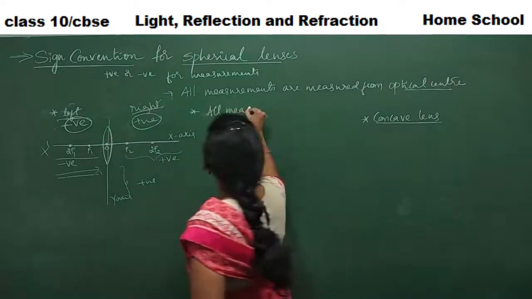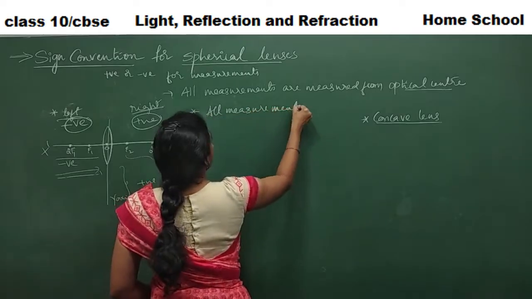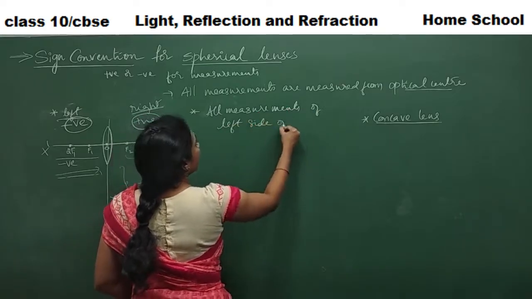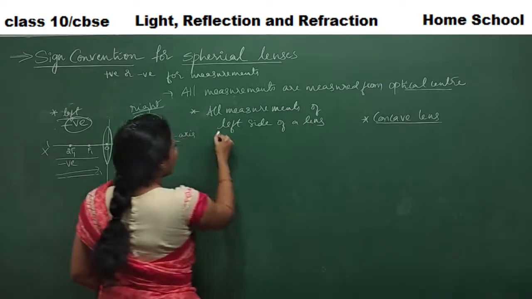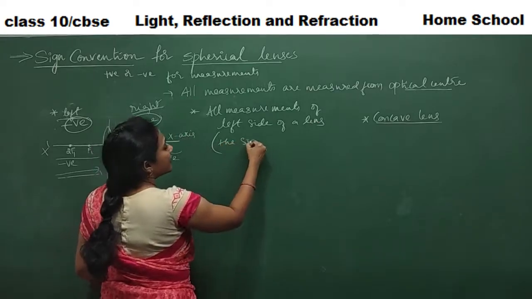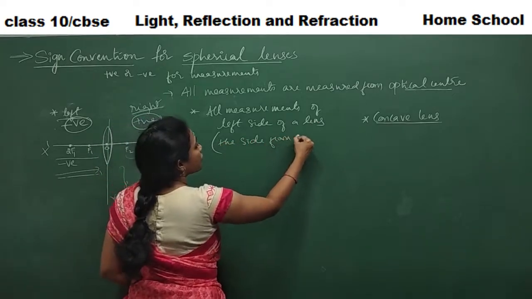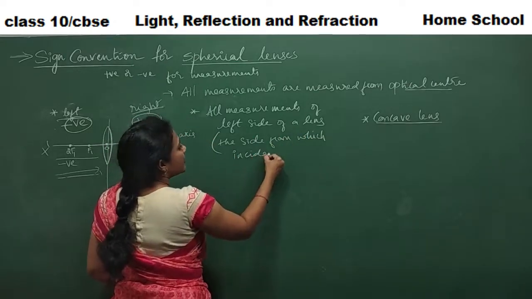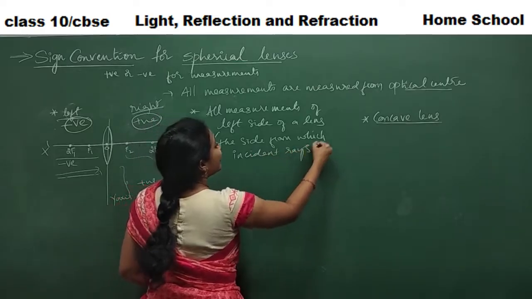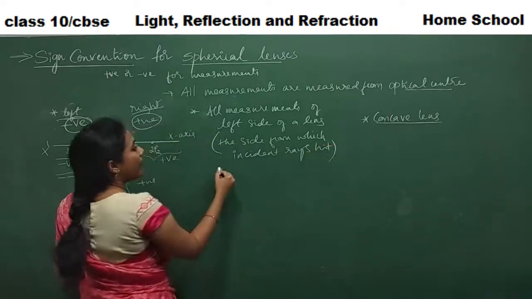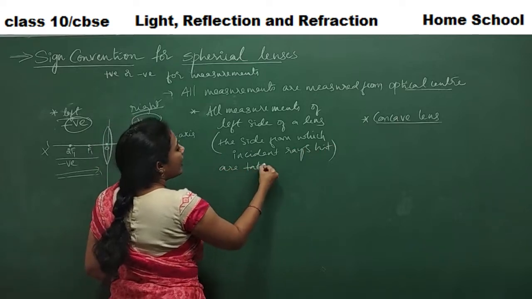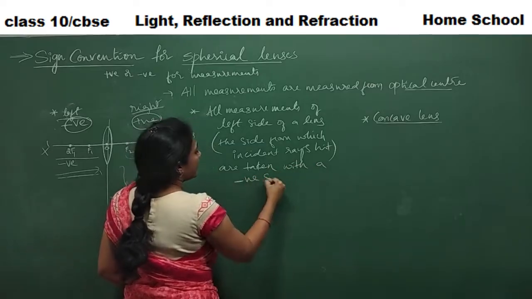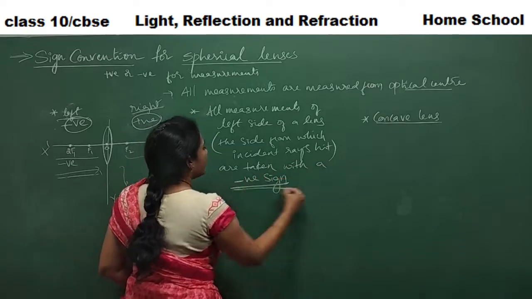Okay, all measurements of the left side of a lens, or I can say the side from which incident rays hit, are taken with a negative sign, okay.